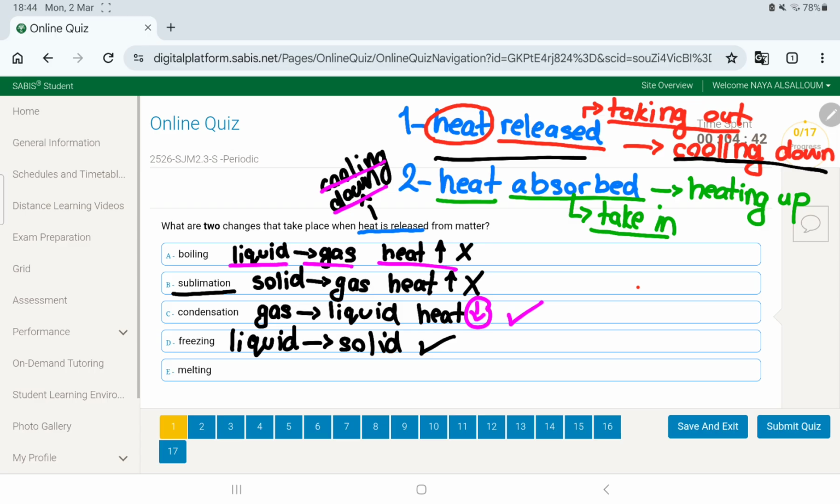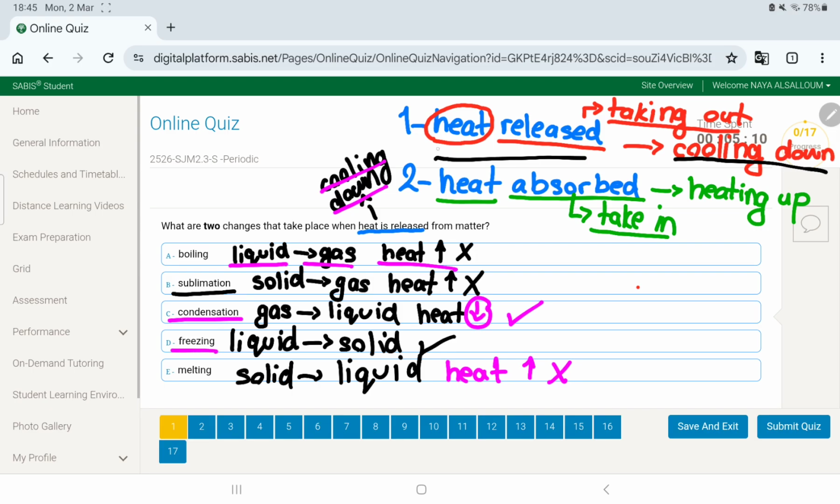Melting, it's the opposite, from solid to liquid. Okay? So let's see here. You have from liquid to solid, the heat is going down, right? So from solid to liquid, the heat is going up. So is it releasing the heat? No. So what are our correct answers? Condensation and freezing.